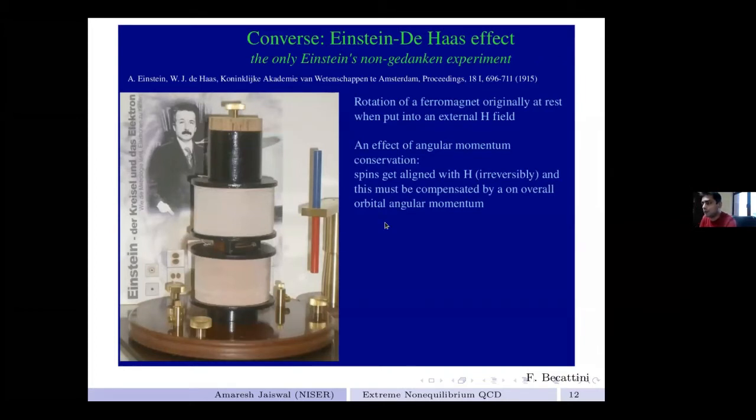And the converse of this Barnett effect was the Einstein-De Haas effect, the only non-Gedanken experiment of Einstein, which tells you that if one puts a ferromagnet in a magnetic field, then it rotates. So this is the rotation of a ferromagnet, originally at rest, if one puts it in an external magnetic field. The external magnetic field aligns the spins, and because of the spin alignment, and the fact that the ferromagnet was originally at rest, to conserve angular momentum, the magnet will spin in the opposite direction.